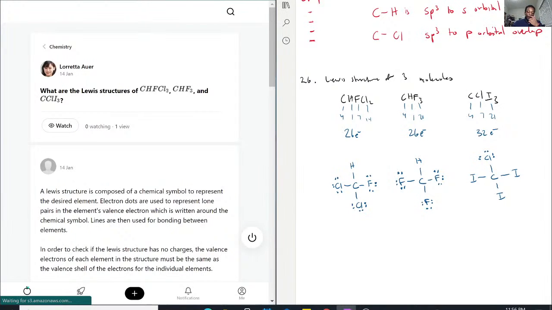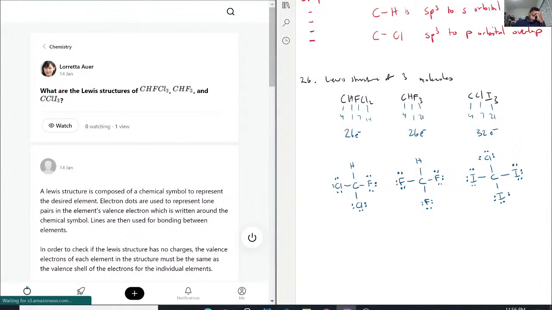And then the iodines are all sharing the same thing, one of their 7, so each gets 2, 3, 4, 5, 6, 7.